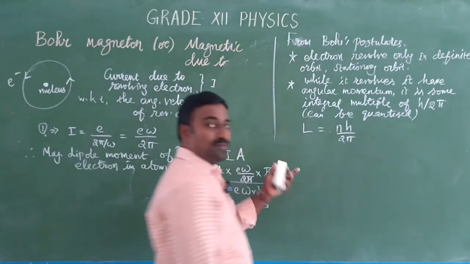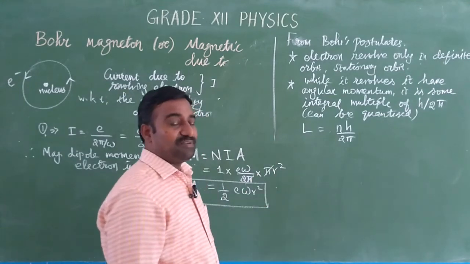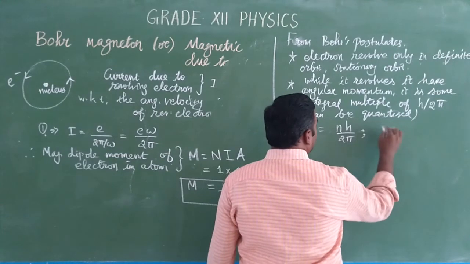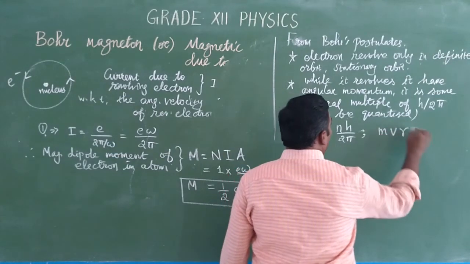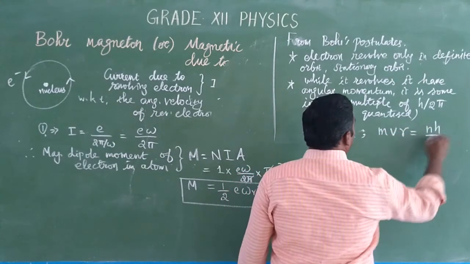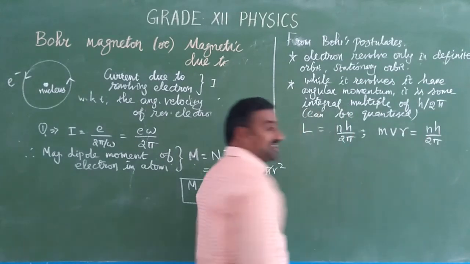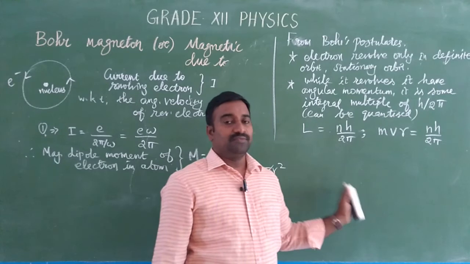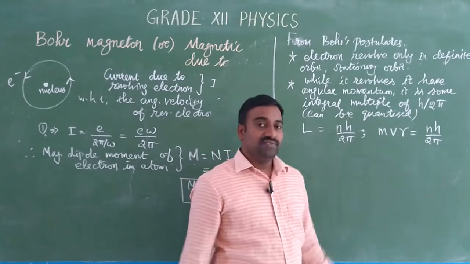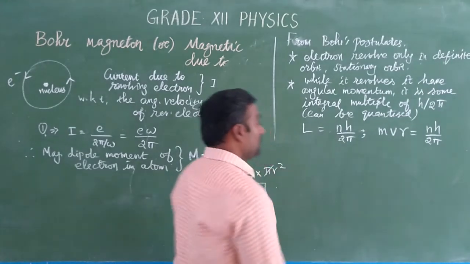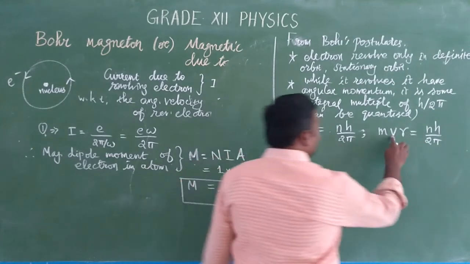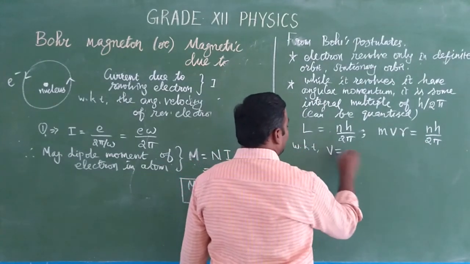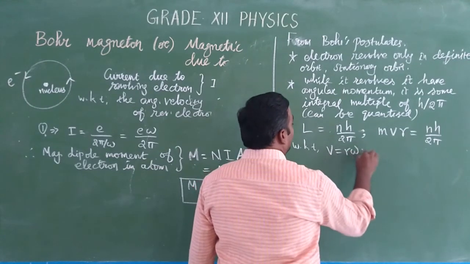But the angular momentum relation we know from 11th standard, system of particles and rotation. What is the angular momentum? That is L is equal to mvr, which is equal to nh by 2 pi, where h is Planck's constant and n is the state of the orbit. For a hydrogen atom, only the first state. We are considering only a hydrogen atom. Okay. Then also we know the relation between linear velocity and angular velocity: v is equal to r omega.